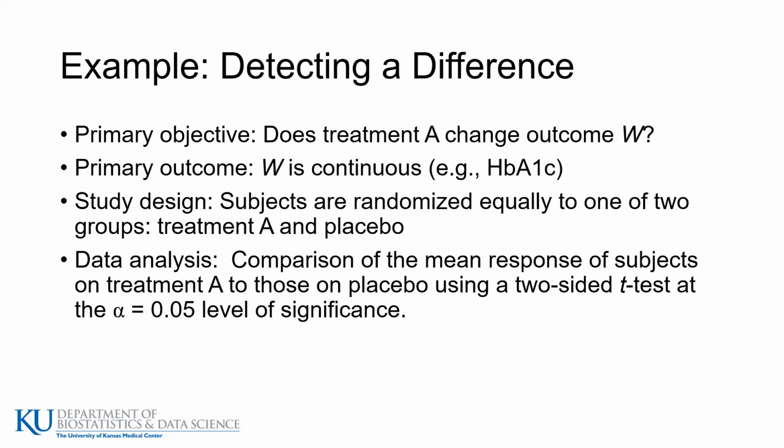In this case, W is a continuous variable, for example, HbA1c. Subjects are randomized equally to one of two groups, either treatment A or the placebo. Our analysis will involve a comparison of the mean response of subjects on treatment A to those on the placebo using a two-sided t-test. And we want to set a level of significance of alpha equal to 0.05.